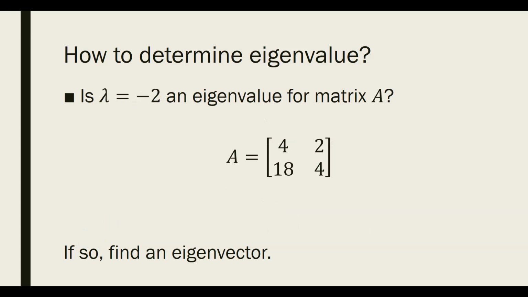So let's go back to the problem I just had. We were looking to see if -2 was an eigenvalue for this matrix, and if it was, to find the eigenvector. All right, so let's go through this.